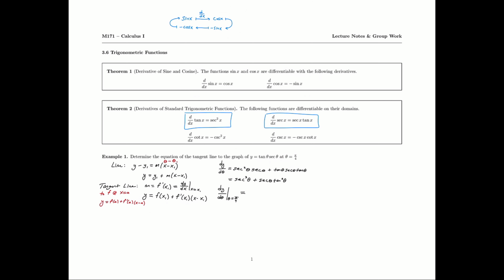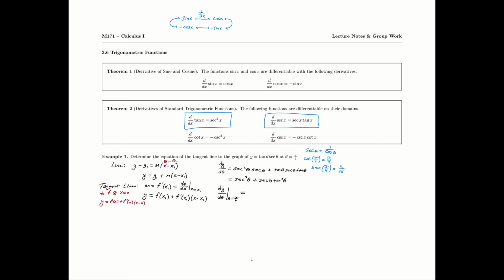So in this case, remember that secant of theta is 1 over the cosine of theta. We know that the cosine of pi over 4 is root 2 over 2. So the secant of pi over 4 is just the reciprocal, 2 over root 2.